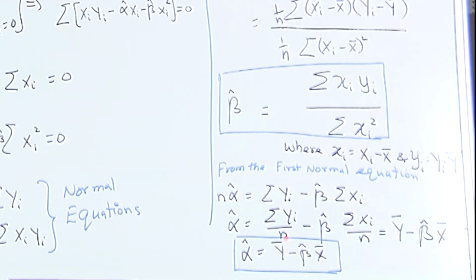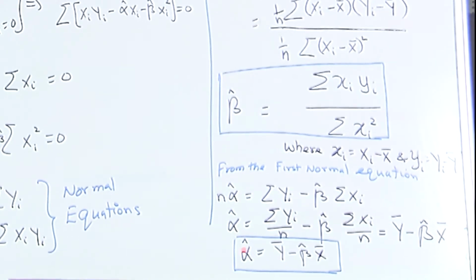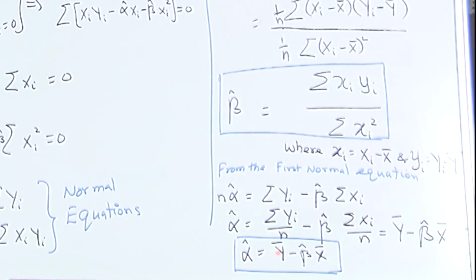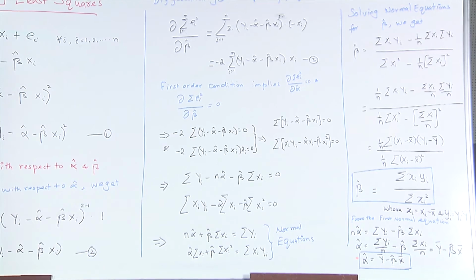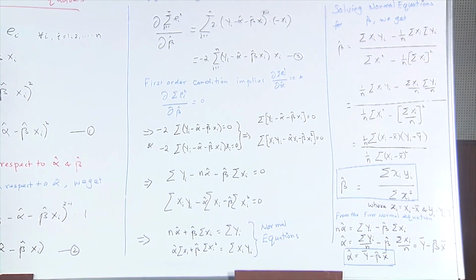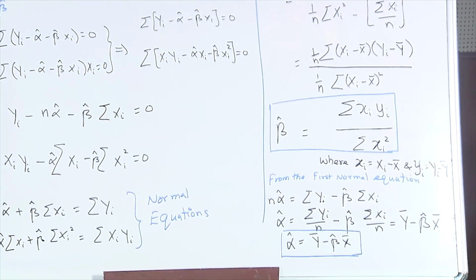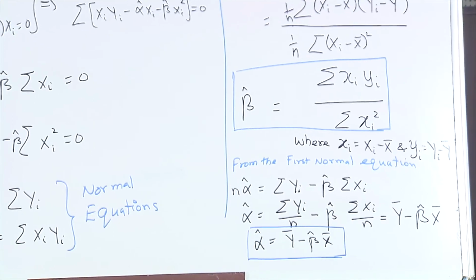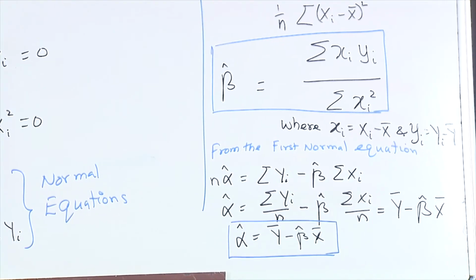So, this is nothing but y bar and this is nothing but x bar. So, we get alpha hat is equal to y bar minus beta hat x bar. So, this is the estimator of alpha hat. From this principle we could derive the estimator of beta and the estimator of alpha.